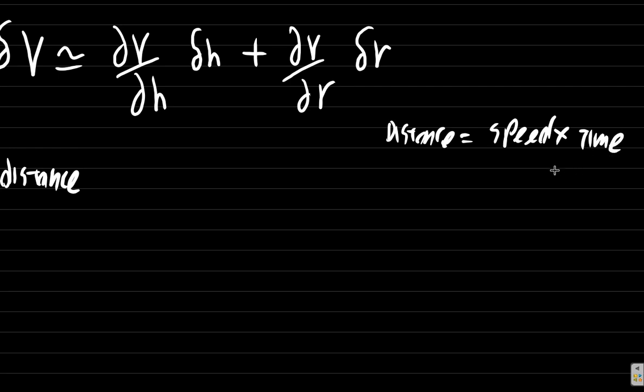Or if it's speed in a specific direction, it's velocity times time. So this distance is the change in distance, or let's use d for distance, s for speed, t for time. Use lowercase t.